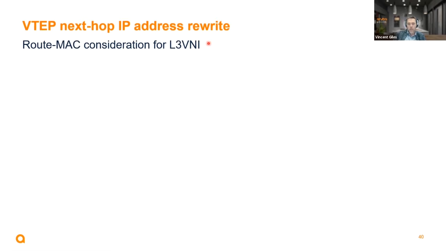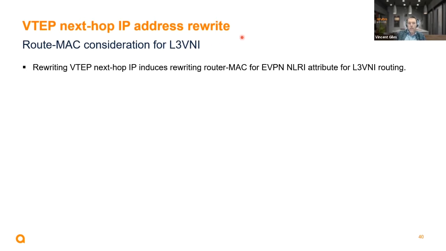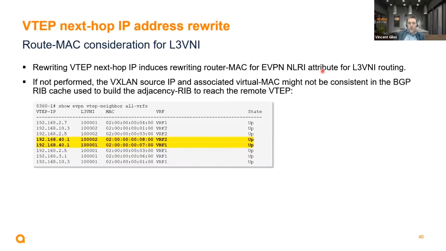So that information needs to be rewritten as well. So rewriting the VTEP next hop IP induces rewriting that router MAC information. If we do not perform that rewrite, the VXLAN source IP and that associated virtual MAC might not be consistent.